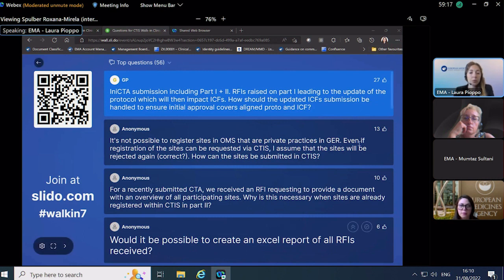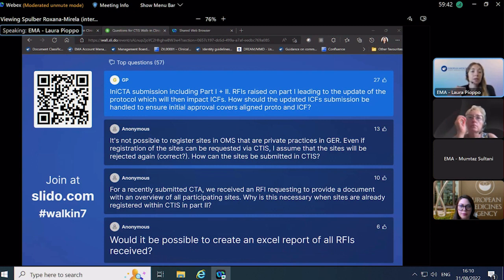If we have conclusions already recorded in the system for part 1 or part 2, then an RFI cannot be raised after the conclusions on part 1 are documented by the RMS, or the conclusions for part 2 are documented by the member states concerned.